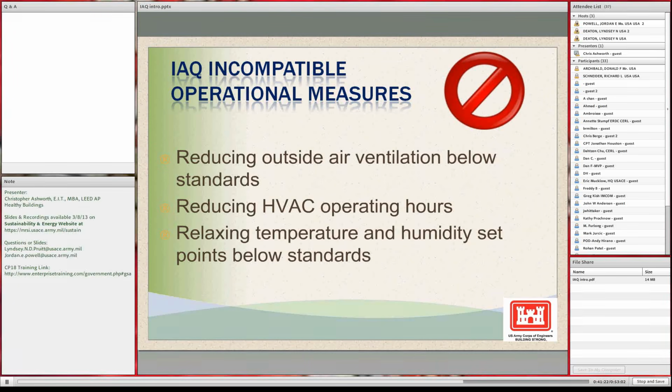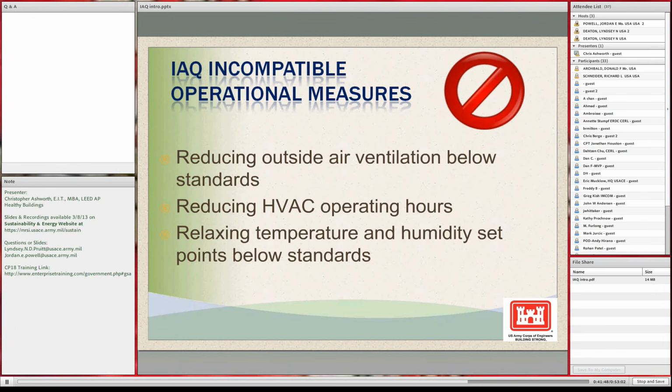Yes, you may save energy, let's say, by reducing the outdoor air, by closing the outdoor air dampers. But what are you really saving? You're probably saving on the coil side, because your automation system is running those fans based on the pressure set points within the automation system. So you're just recirculating that air. So you're not really saving a lot of energy there necessarily. You're saving some, in theory, on the cooling coils or the preheat coils. And there is reducing temperature and humidity set points.